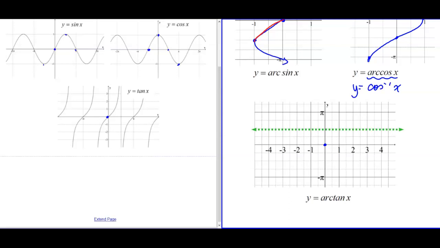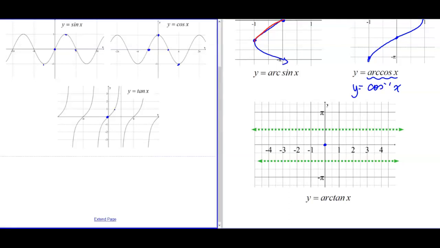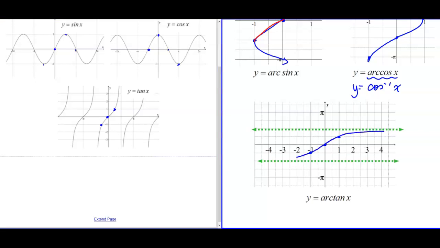Negative pi over 2 would become negative pi over 2 here. So our curves, our zigzags, are going to be horizontal. (Pi over 4, 1) will become (1, pi over 4). (Negative pi over 4, negative 1) will become (negative 1, negative pi over 4). So your curve is going to look like that.